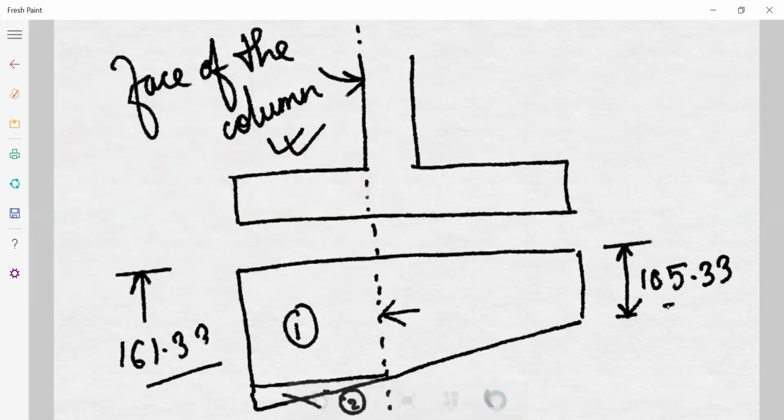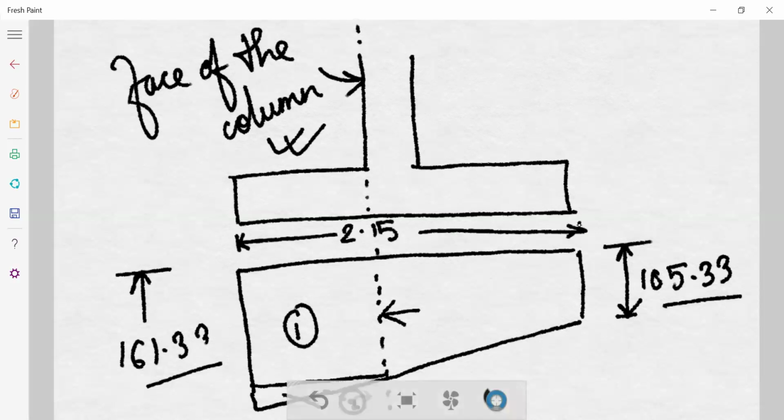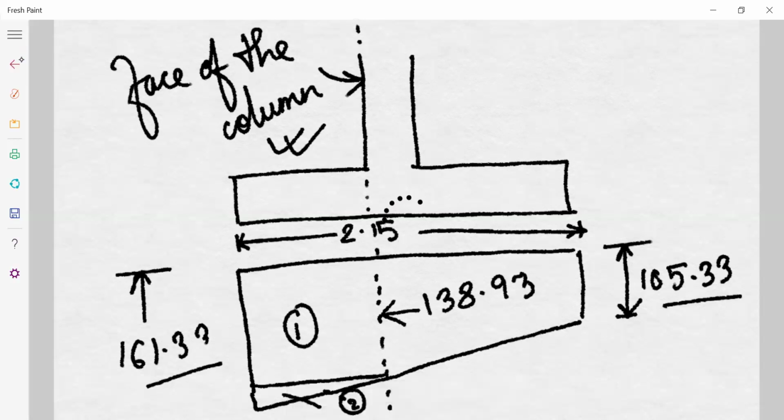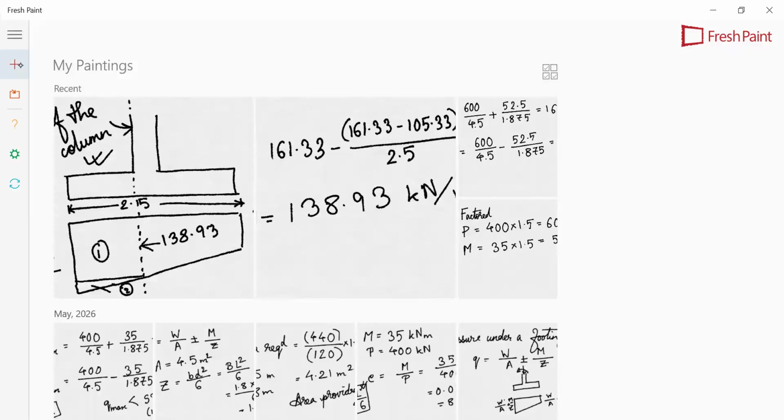So along a length of 1 meter, we have found out the value. Now we'll be finding out the moment using these values.